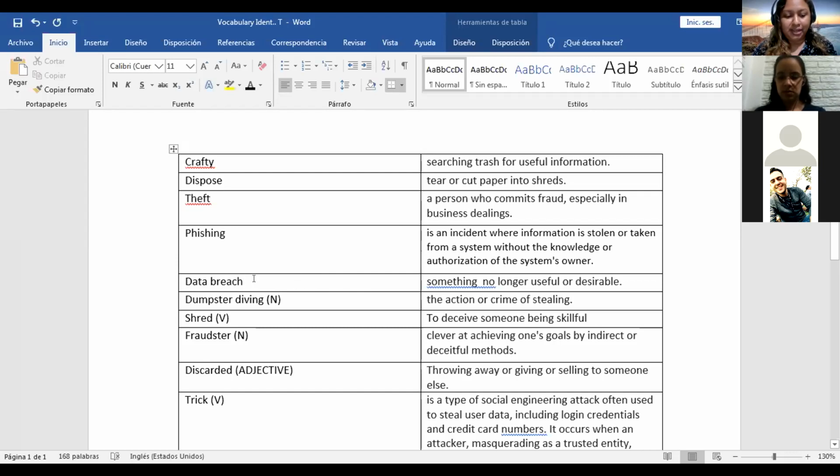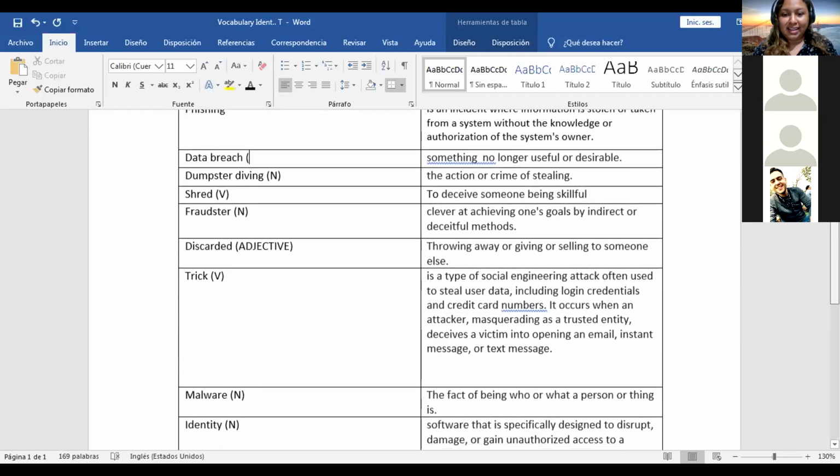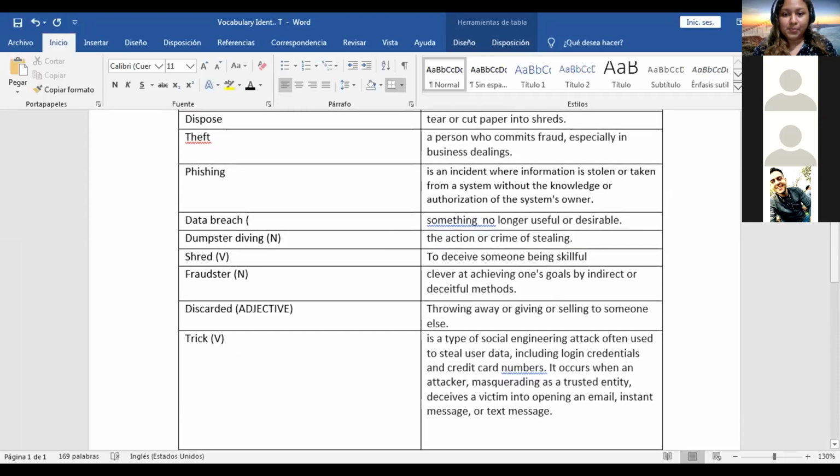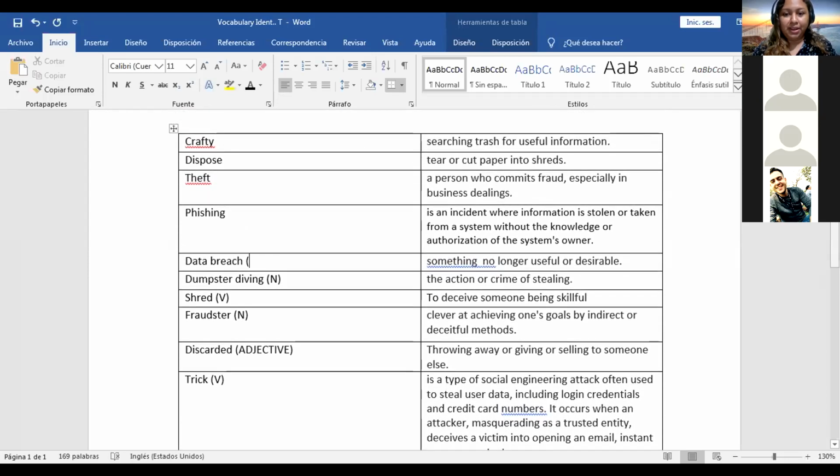Now let's see data breach. What is data breach? Data breach, teacher, is when some information is private and somebody else can see it, people who should not be able to see it. Okay, very good.